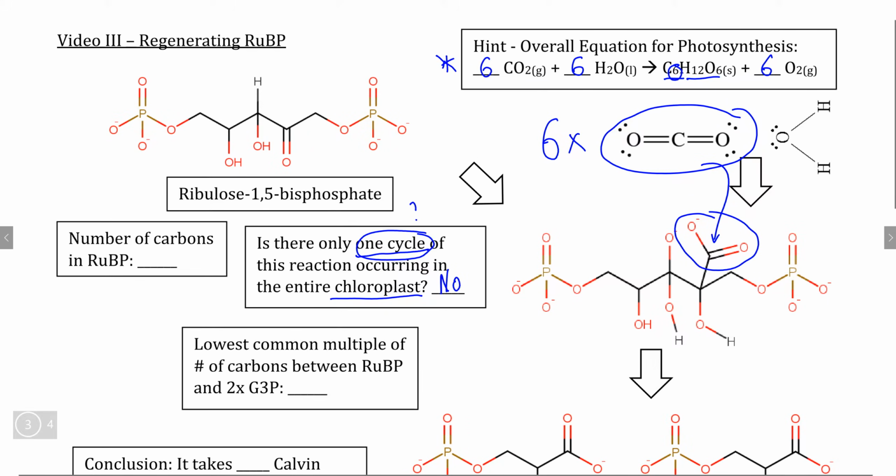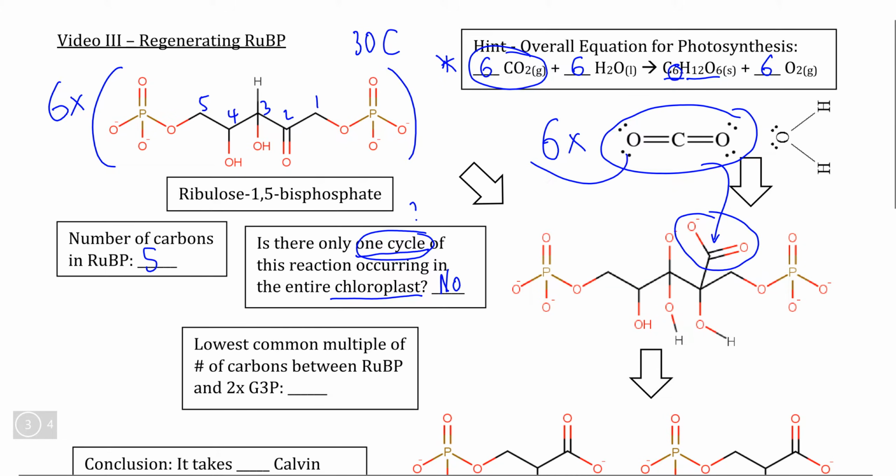Now, if we start at RuBP at the beginning, we can see that RuBP has 1, 2, 3, 4, 5 carbons, and if we did this reaction 6 times, then we would have a total of 30 carbons worth of RuBP, because 6 molecules of RuBP, each with 5 carbons, is a total of 30 carbons.